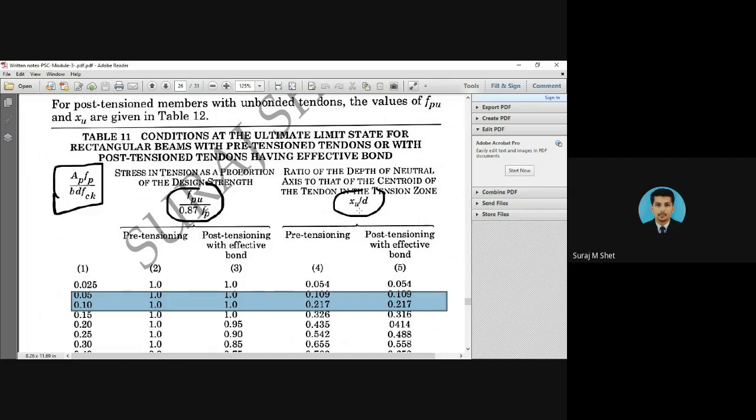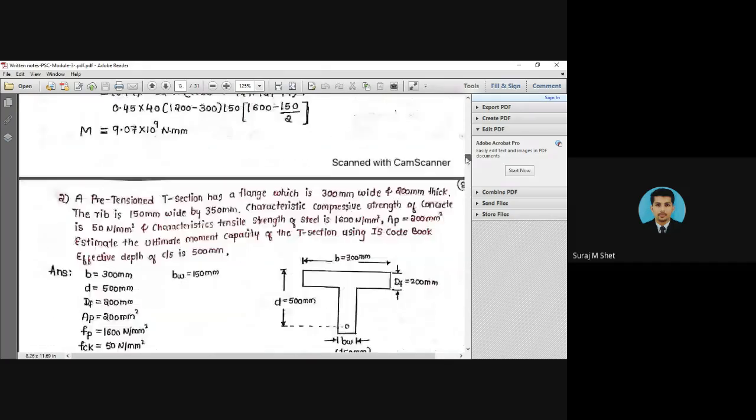If you want to calculate xu by d, you have to take 0.109 and 0.217 for pre-tensioning. In the question, if they mention post-tensioning, you have to take this. So what are the unknown values you have to calculate? These two unknown values I calculated, and these two unknown values I got from the table.